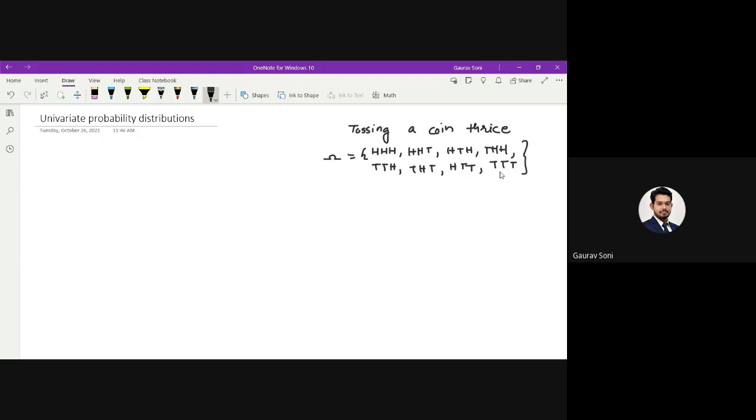Now what I will do here is I'll define a function. I'm defining a function, say call that the function is X, which is from this sigma to the set of real numbers. How I am defining it: X of small x is equal to the number of heads in x.